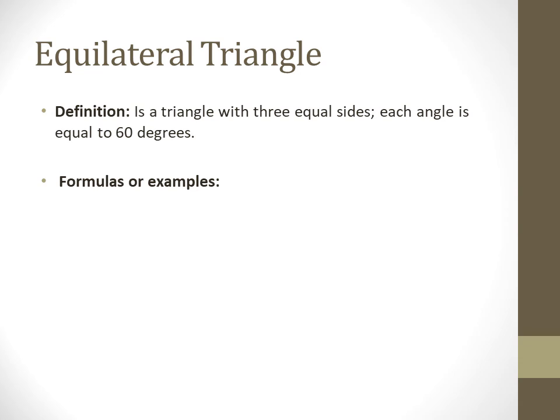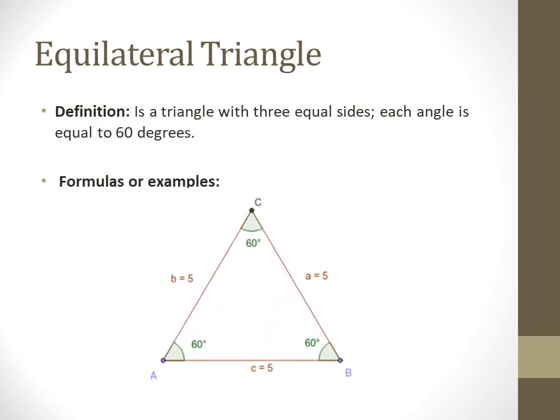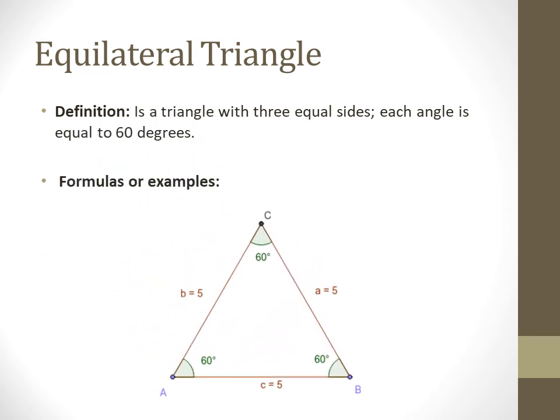Okay, an equilateral triangle. This is a triangle with 3 equal sides, and each angle equals 60 degrees. All right? Because our sides are equal, that means that our angles are going to be equal.